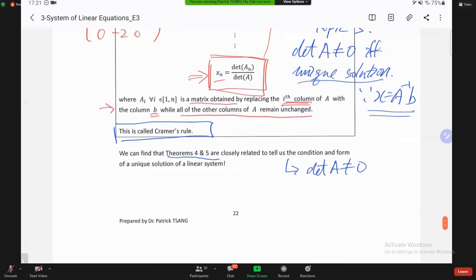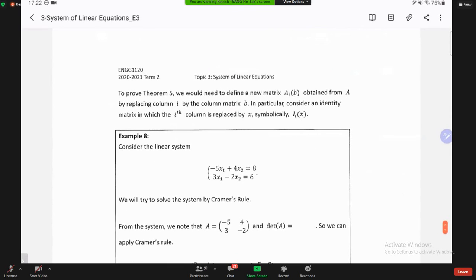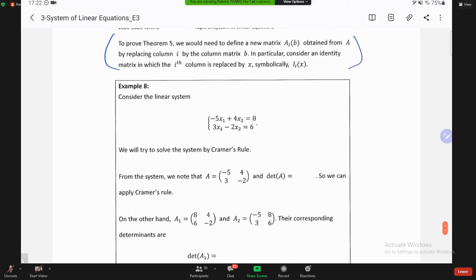The proof may need some time to develop, so I would like you to at least have some takeaway after this example, after this theorem 5. I will get back to the proof after the break. So maybe I skip the blue part first and go to the example, but I will prove theorem 5 after the break.